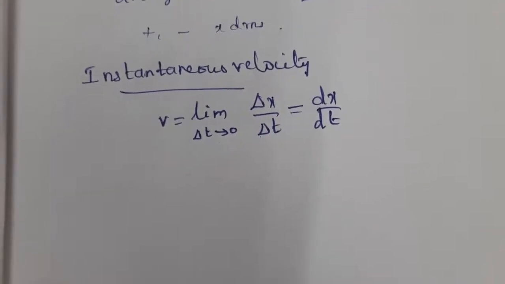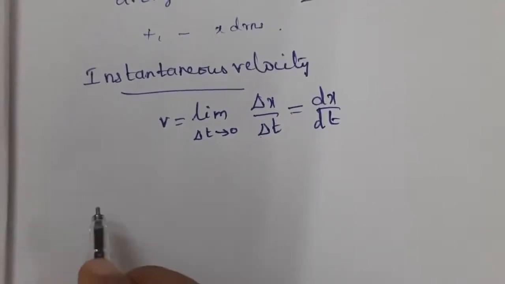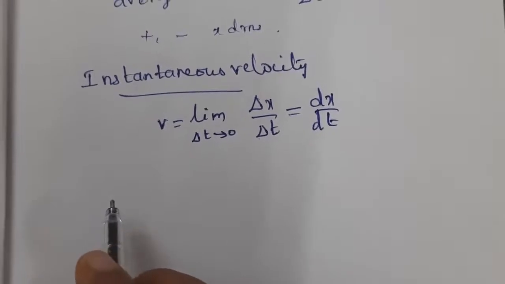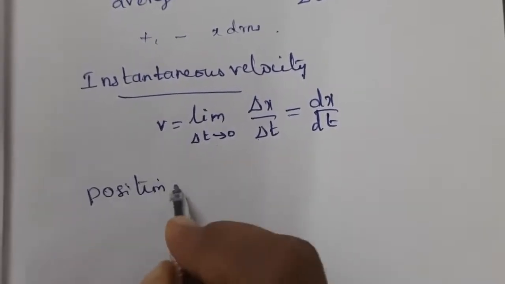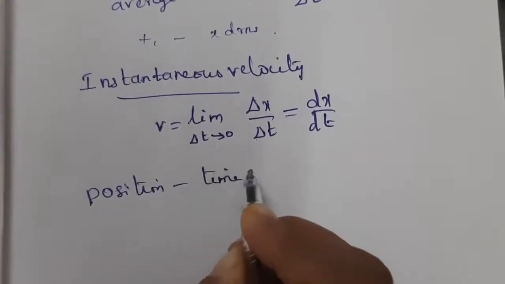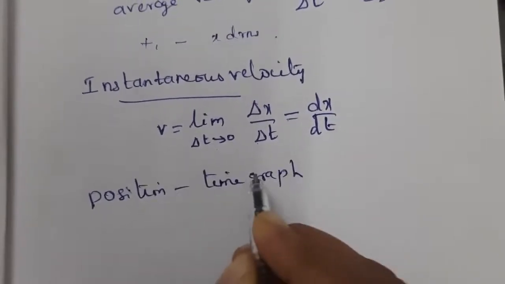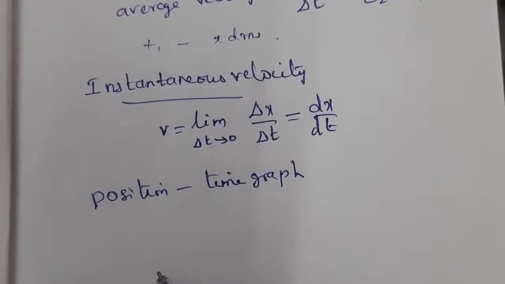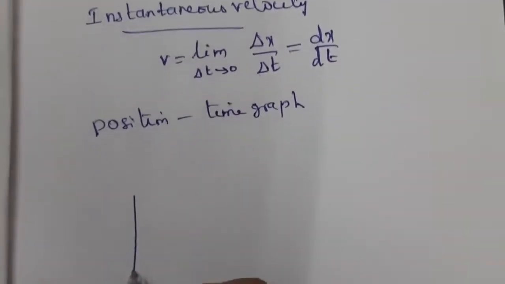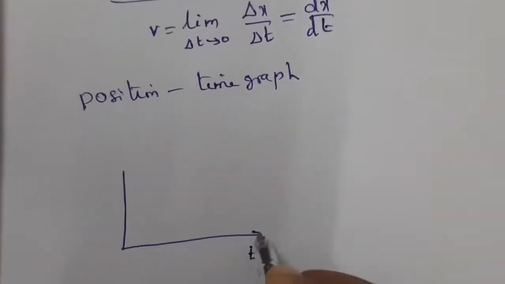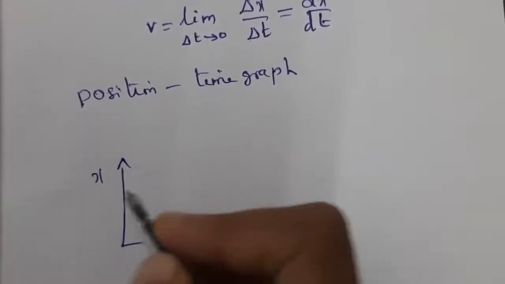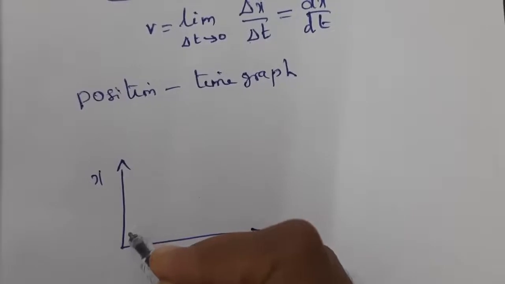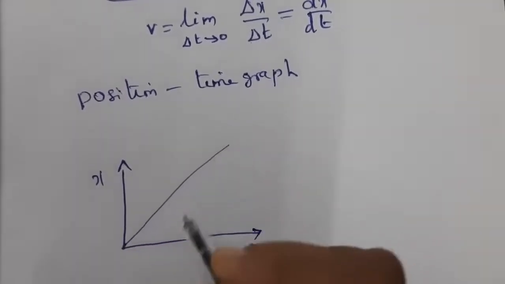Okay. Now just to consider the position and time graph. From this, how can we obtain the velocity? So here, this is the time along the x-axis. This is the position variation along the y-axis. Suppose the variation is like this.